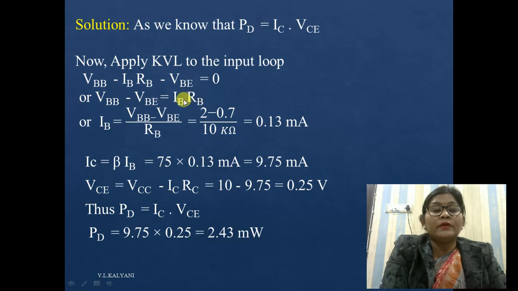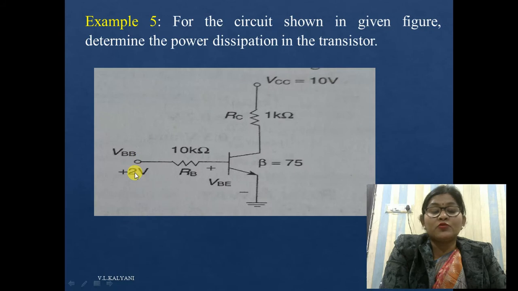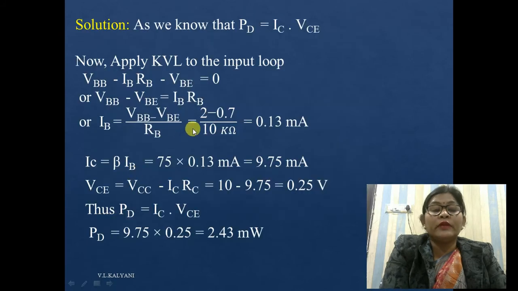Now you can rewrite this equation: VBB minus VBE is equal to IB into RB. So IB is equal to VBB minus VBE upon RB. VBB is given over here. This is 2 volt, so put this value, minus VBE.